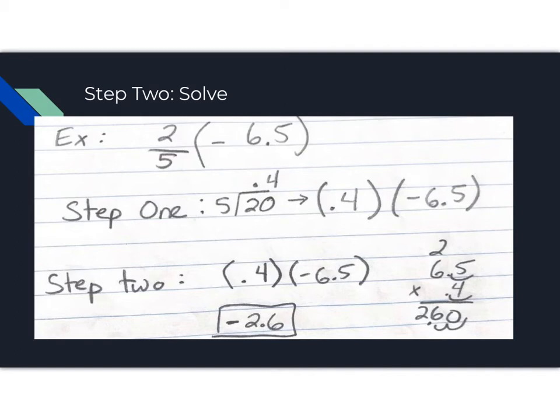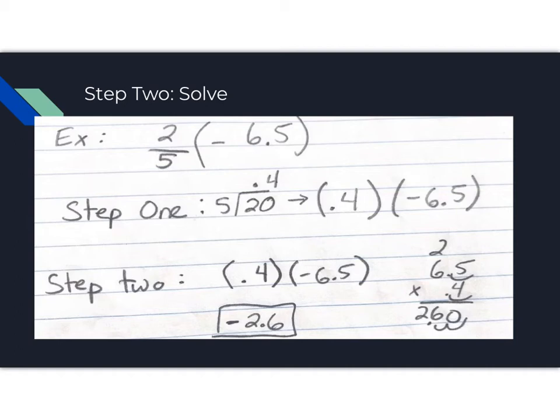Step 2, we just have to solve. So you have 4/10 times -6 5/10. We're going to multiply it out, so it's like 65 times 4. So you line up your numbers, not the decimals. 5 times 4 is 20. 4 times 6 is 24, plus our 2 we have up top gives us 260.